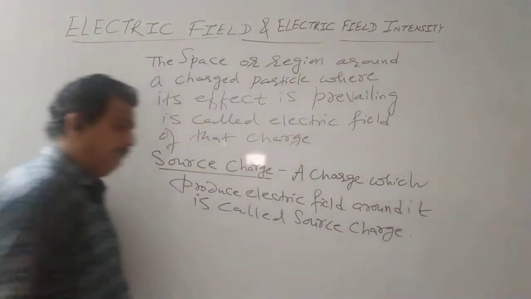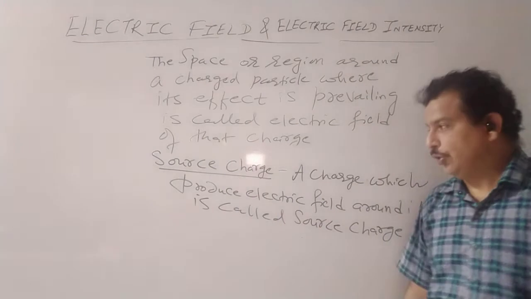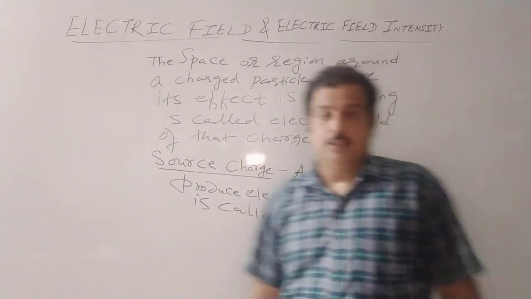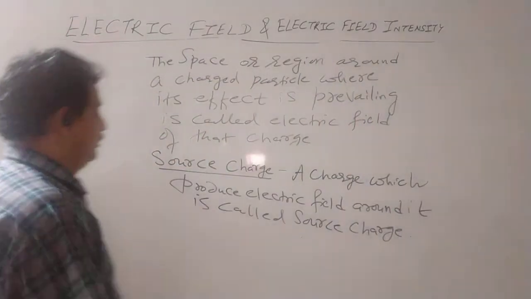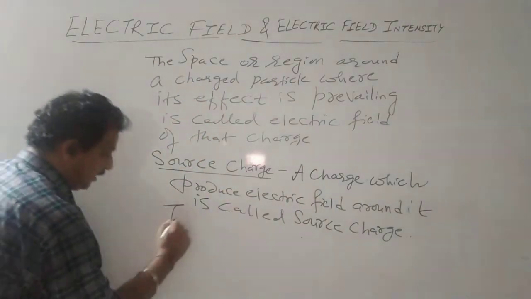Generally, we use the symbol capital Q, though it is not compulsory. So source charge will produce an electric field around it.